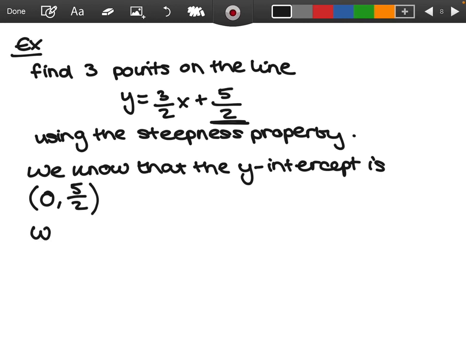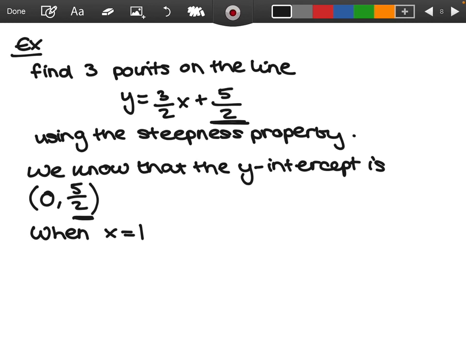So when x is equal to 1, we've moved 1 unit over on the x-axis. We started at x is equal to 0. We've moved over 1 unit to x is equal to 1. I've then got to look at what my slope value is. For a start, my slope is positive, so I know I'm moving up by 3 over 2 units. My y value currently is 5 over 2.